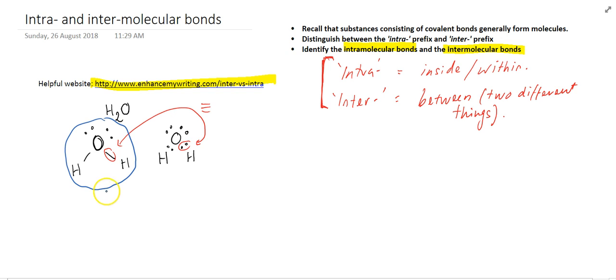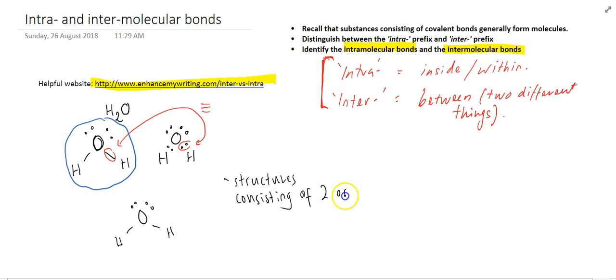So water as a unit, this H2O unit here, and you could say another H2O unit elsewhere next door, each of these is a structure consisting of 2 or more atoms, and they have a specific or defined structure.